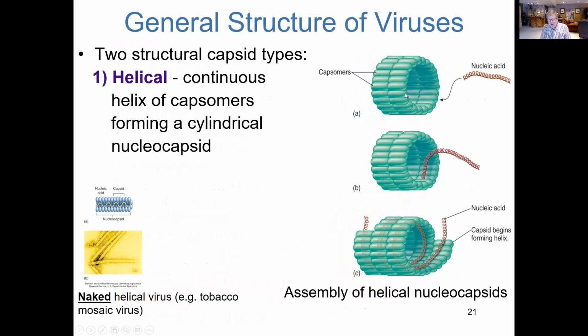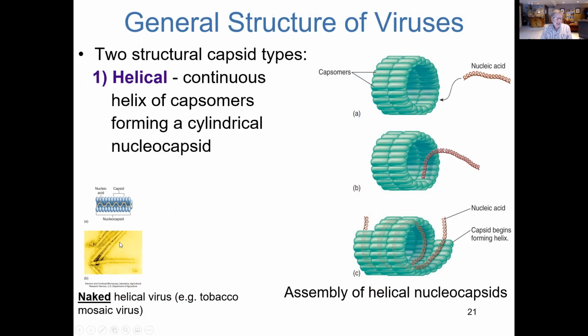Is this naked or enveloped? If you said naked, you were right. There's nothing external to this, at least I don't see anything here, right? And in this particular electron micrograph, normally I try to give you the magnification of that, and I guess I did not do that, so I apologize for that. And I'm not sure if this particular diagram or photograph is even in your book, but this would probably be hundreds of thousands of times magnified.